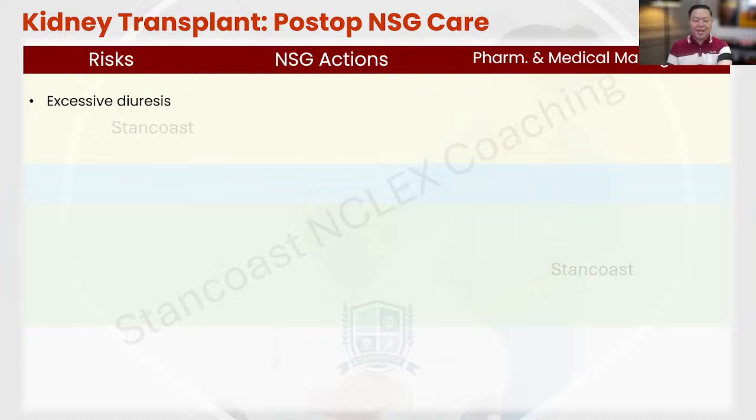And so this can happen after a successful kidney transplant. And so we are going to expect really that the kidney will work better, right? But the excessive diuresis can also occur.